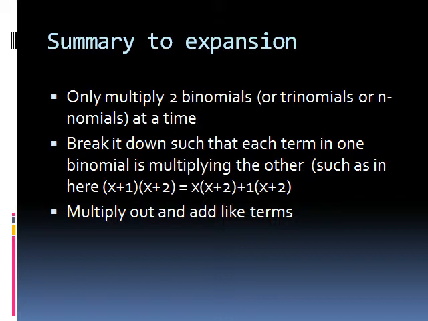Then break it down such that each term in one binomial is multiplying the other, such as in this case, x plus 1 times x plus 2, we want to break it down into x times x plus 2 plus 1 times x plus 2 using the distribution rule. And then once you have that, you multiply everything out and add the like terms together.